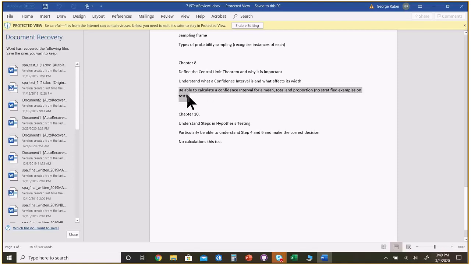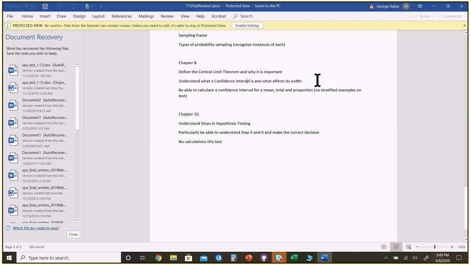I'm also not going to ask you to ever use the finite population correction factor on the test. So, we're talking about pretty simple formulas for each of these values. You can use Excel, or you can just calculate them out by hand because it's pretty simple. But basically, you need to know that you're going to calculate half the width of the confidence interval, and it's going to be plus or minus that. Okay.